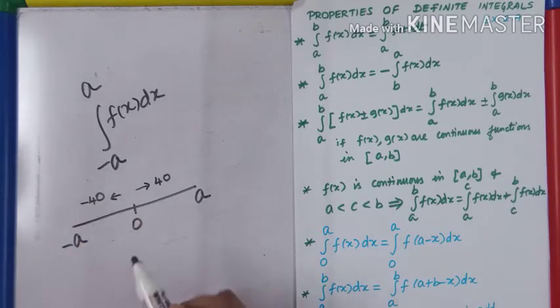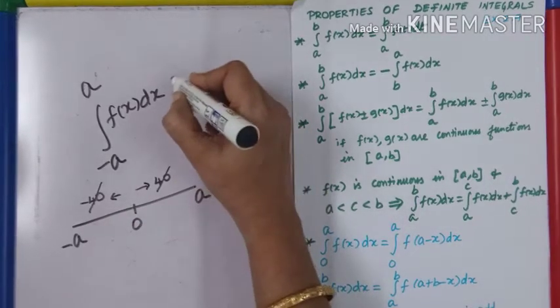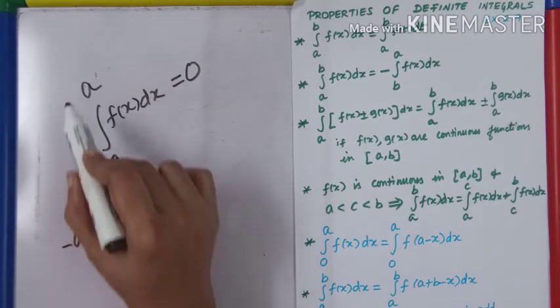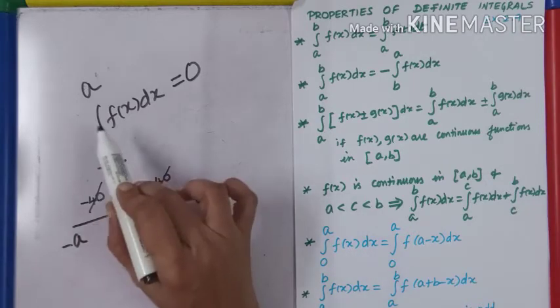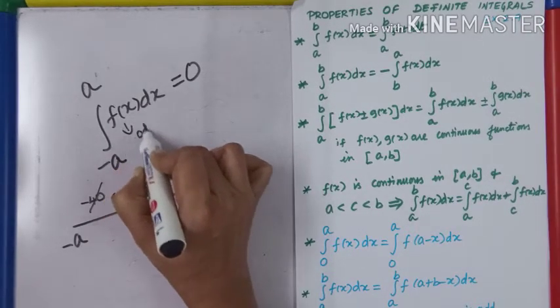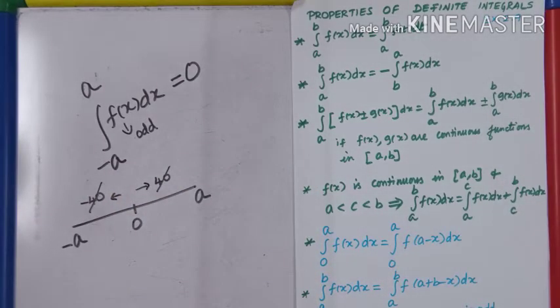So what happens? This and this will cancel and my answer is 0. So remember the idea. Whenever it is from minus a to plus a and f of x dx is coming and this is an odd function, my answer is 0.